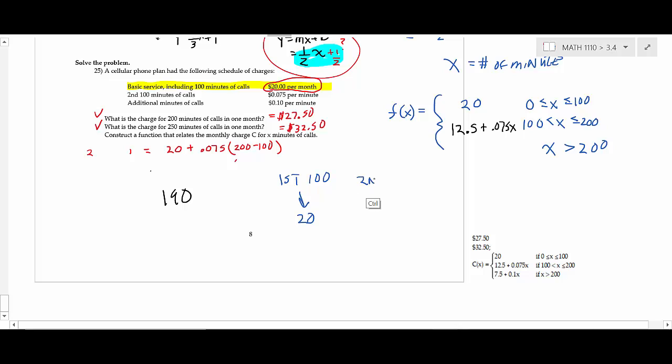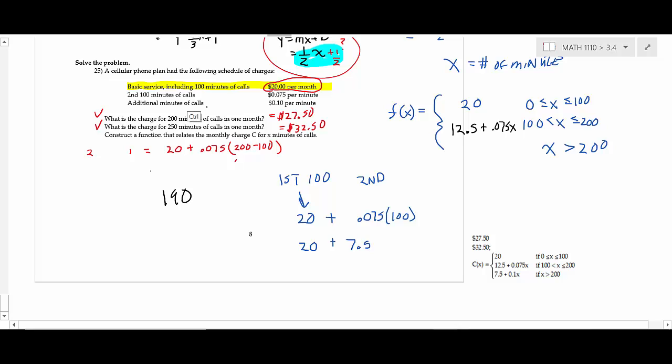The second 100 is going to be 0.075 times 100. So if you talked for 200 minutes, you'd have the 20 for the first 100, and the second 100 would be like that. Let's calculate that out. So that's 20 plus 7.5, like that.